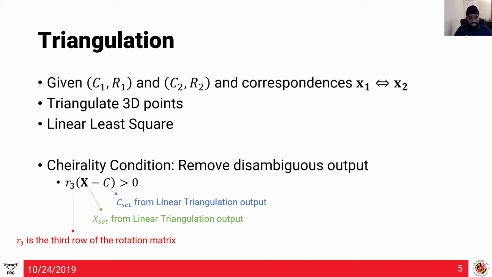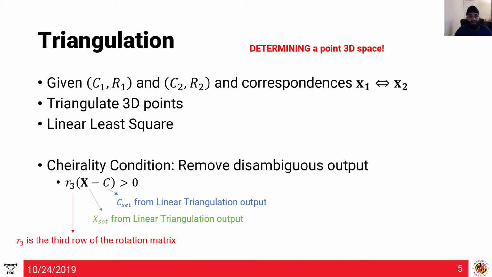C is the camera translation. If this equation holds true, it's going to be in one particular condition, and that's my correct C and R pair.